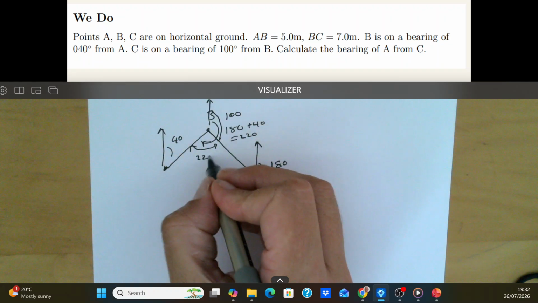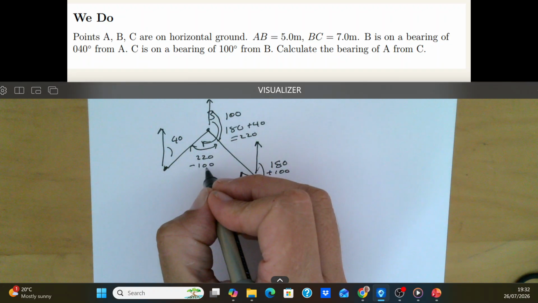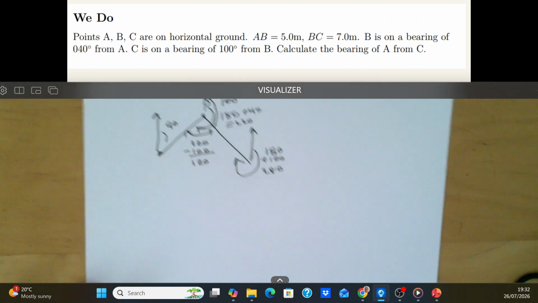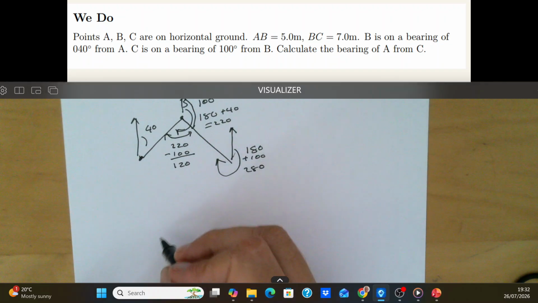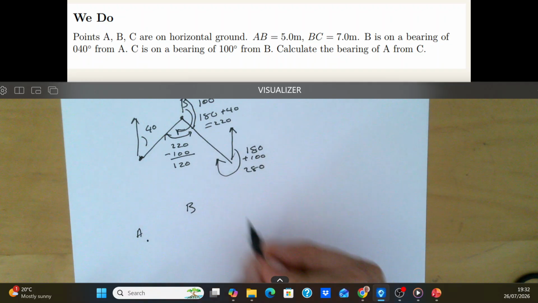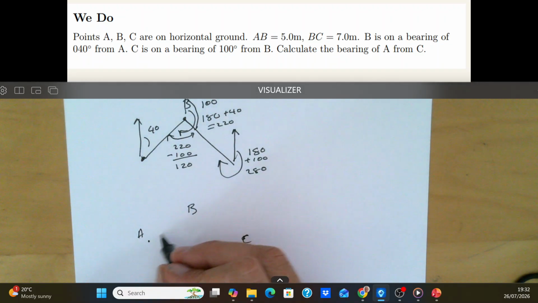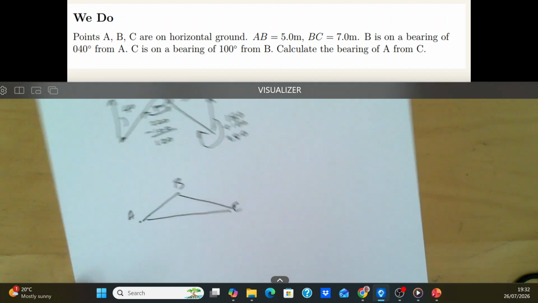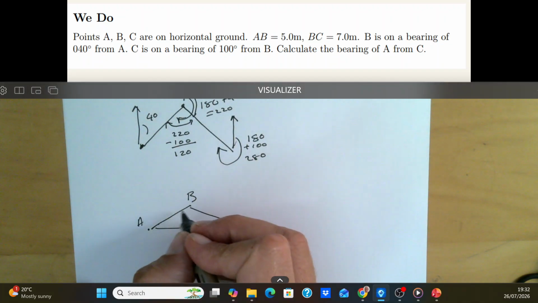Correct. 220, take away 100, which gives you 120. What did I do to make it easier now? I redrew it. So let's redraw it. Everyone redraw it. A, B, C. Put the information you know about the triangle.